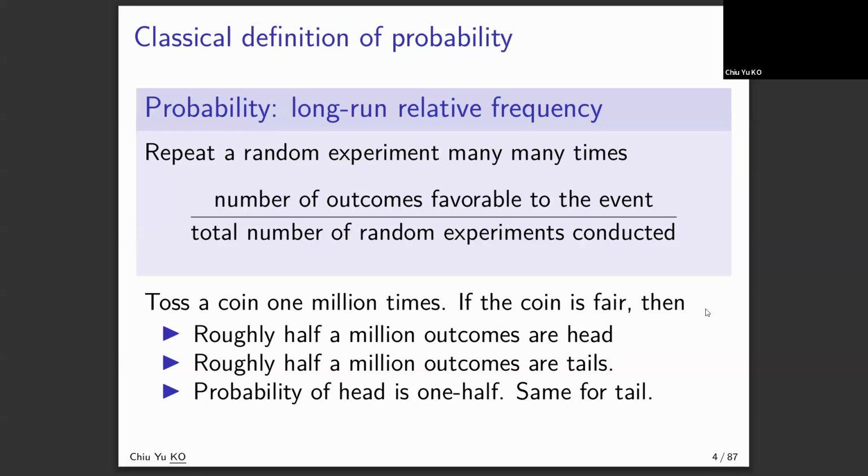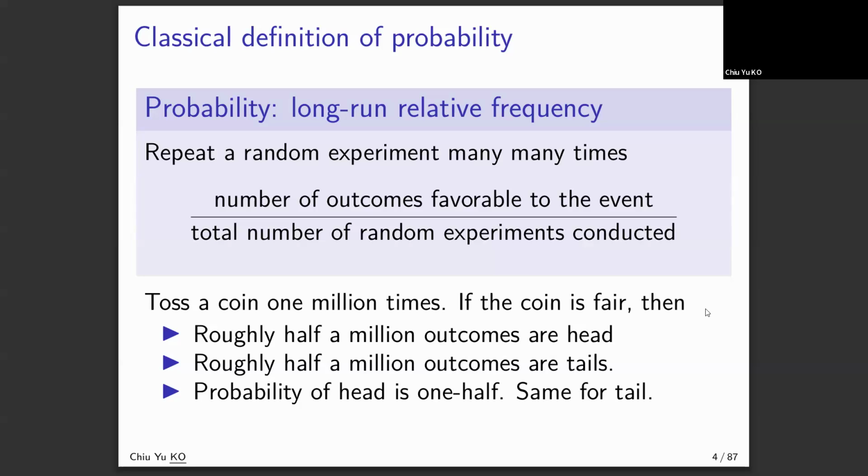If we call a bet or coin fair, a bet is fair if it's equally likely, which is considered 1/2. That's why we define probability as follows: if you repeat this random experiment many, many times, you count how many times you do it as the denominator, and how many outcomes are favorable to the event as the numerator.